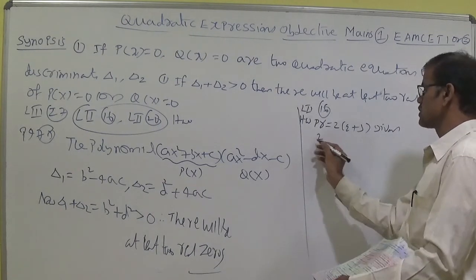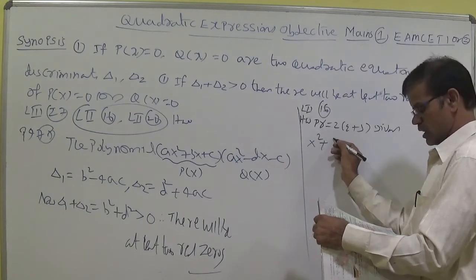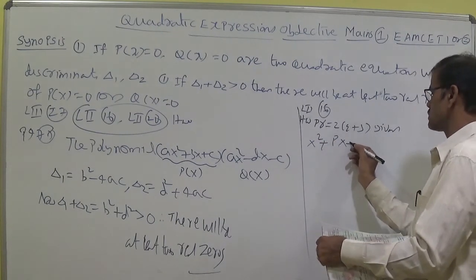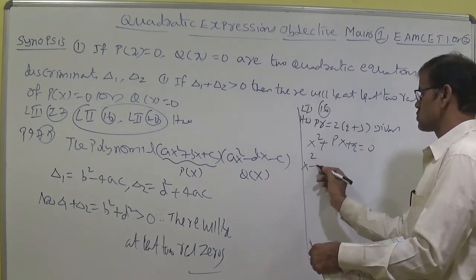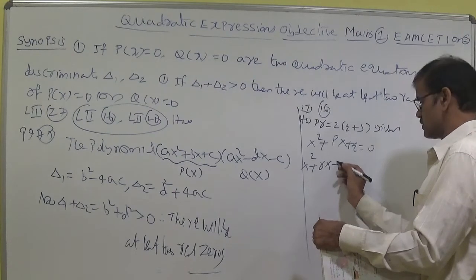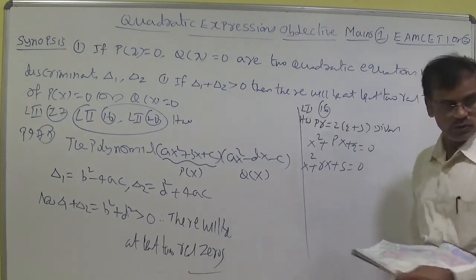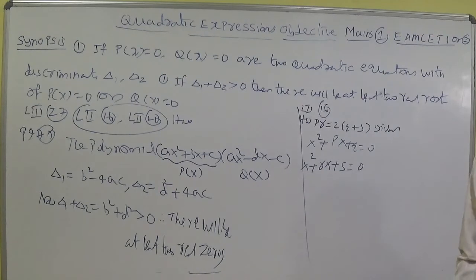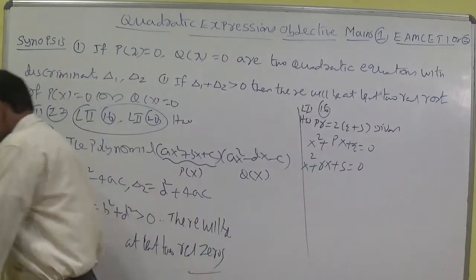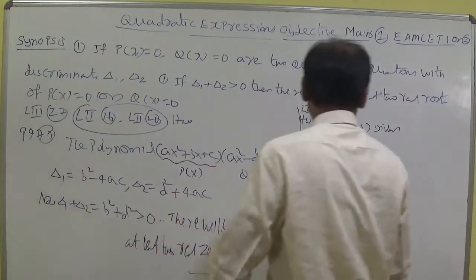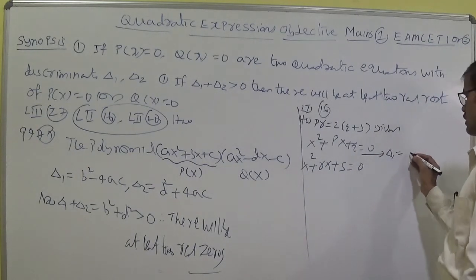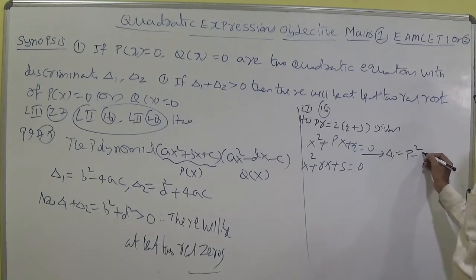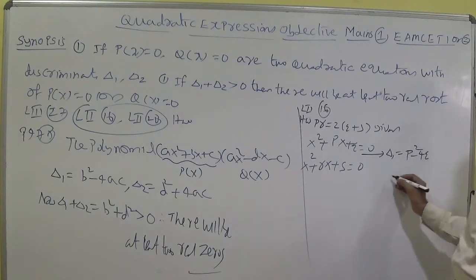And the equations he has given are x square plus px plus q is equal to 0, and x square plus rx plus s is equal to 0. Depending on this question, we should verify which option is correct. Now let us discuss delta 1 for this quadratic equation: p square minus 4q, because of the formula b square minus 4ac.